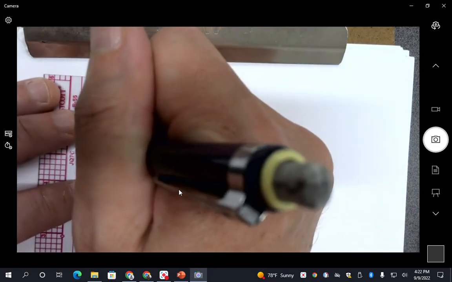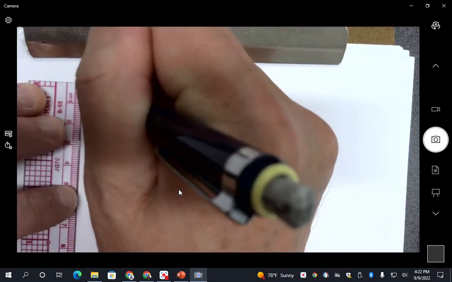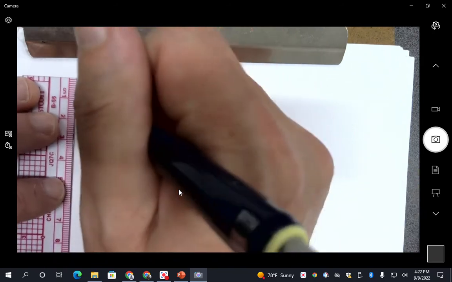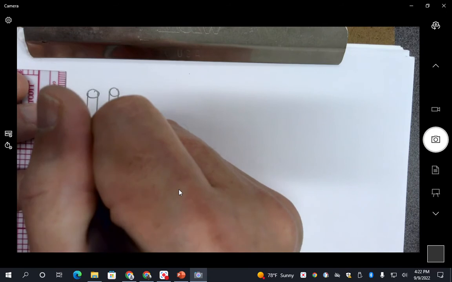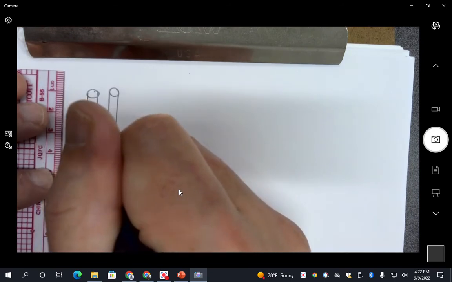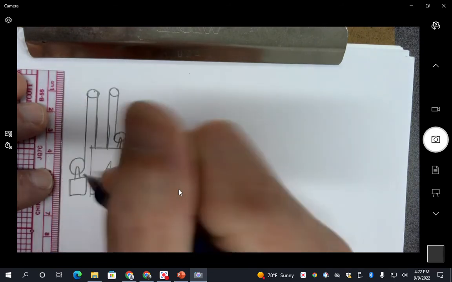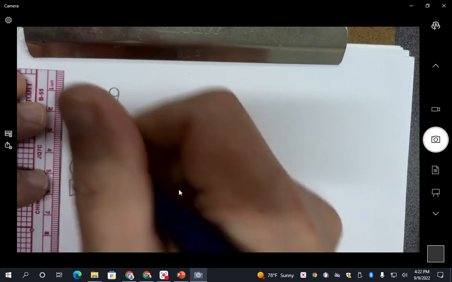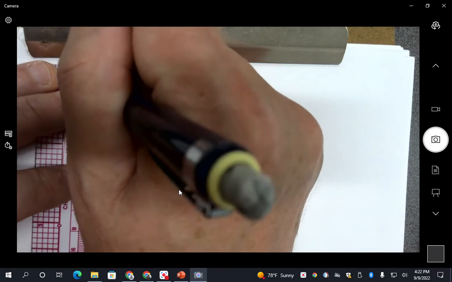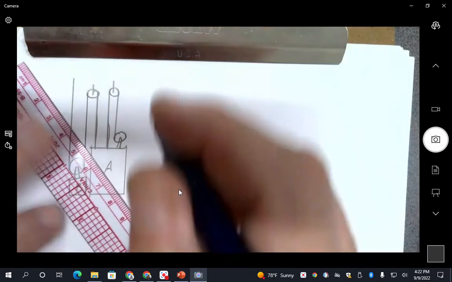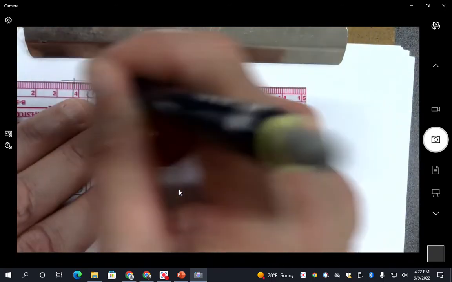This cord comes up, goes around this pulley, and comes back down; this is block B. It comes back up and attaches to the ceiling.